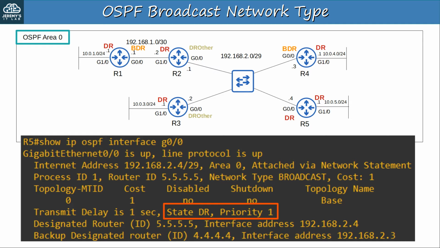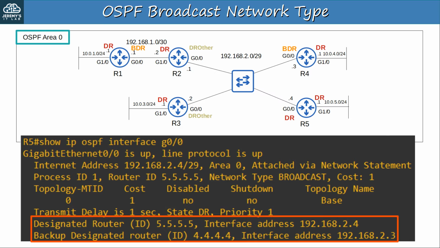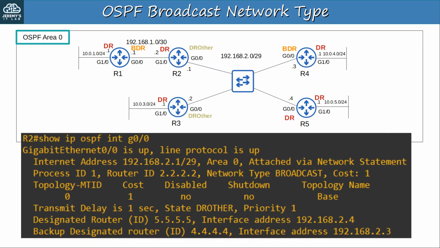R5 has the highest router ID of the routers connected to the 192.168.2.0/29 subnet, so it became the DR. Down here the DR, R5 itself, and BDR, R4 for the segment are listed, including their router IDs and the interface IP address in the subnet. And here's the same output for R2. The main difference I want to point out is the state of DR other.